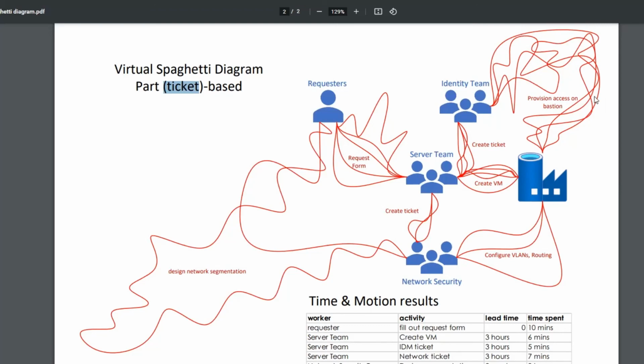And so from this picture, you might say, oh boy, sometimes it takes a really long time to design the network segmentation. And sometimes it takes a really long time to provision access. And sometimes people get really confused by the request form.